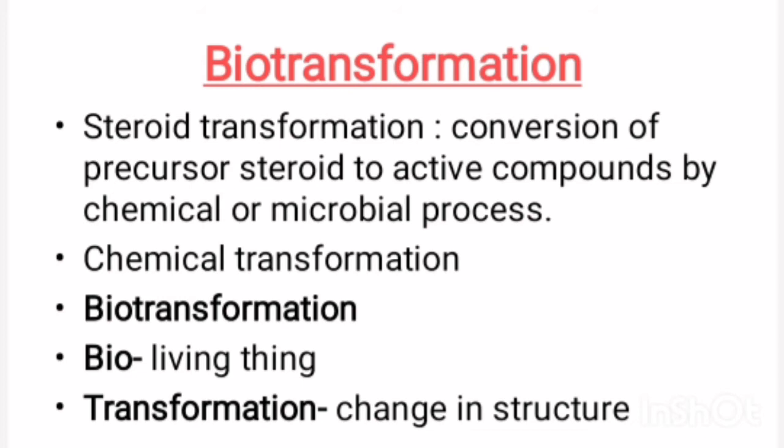Then we have to know what biotransformation is and the difference between chemical transformation and biotransformation. Transformation of steroid means conversion of precursor steroid to important drug intermediate and further conversion of this intermediate to the active compound by chemical or microbial process.